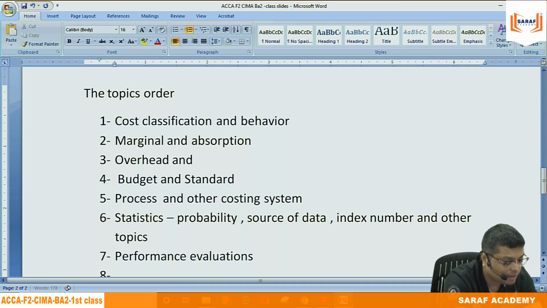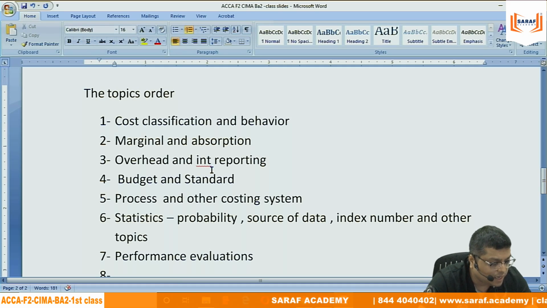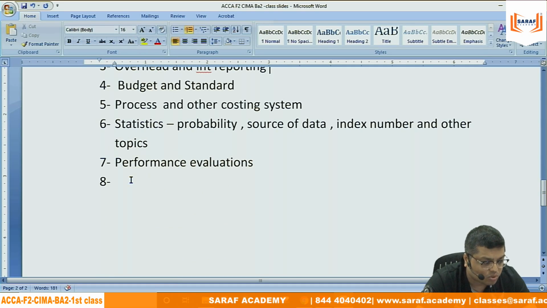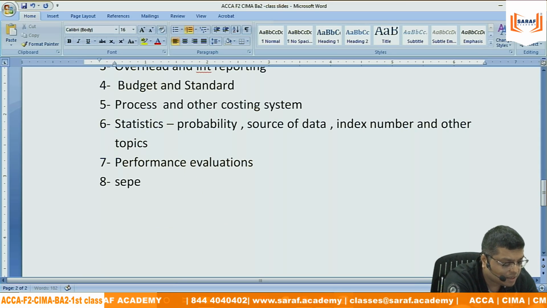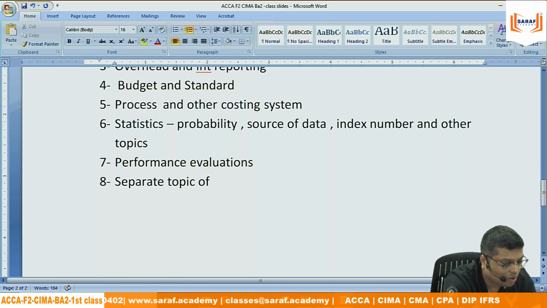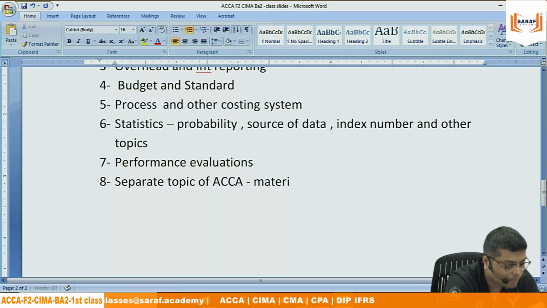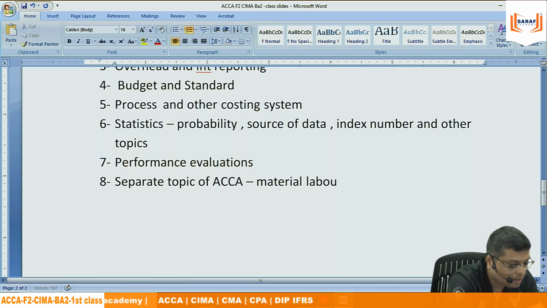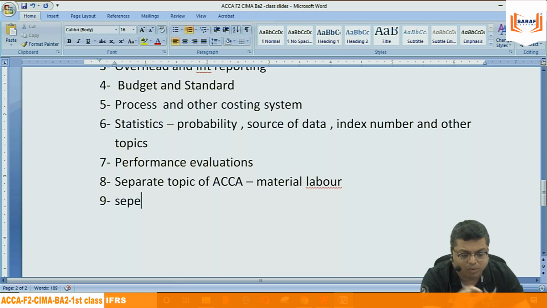Overhead and integrated reporting. Integrated reporting we will be doing with standards also. Then a separate topic of ACCA, which is material and labor. I'm just writing 8, 9, but I will be doing both one by one.